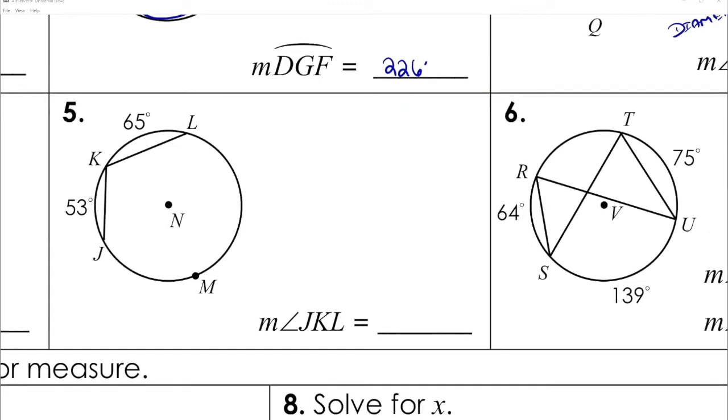Number 5, they throw a little wrench at us. They want us to find the degree of JKL, but they did not give us this arc out here to start, because JML is our intercepted arc.